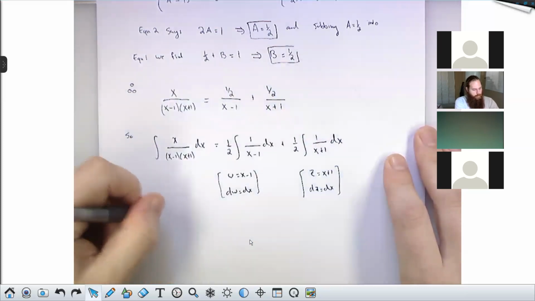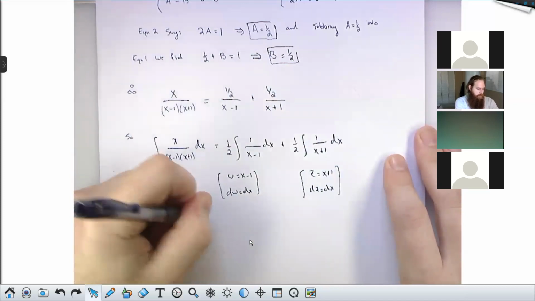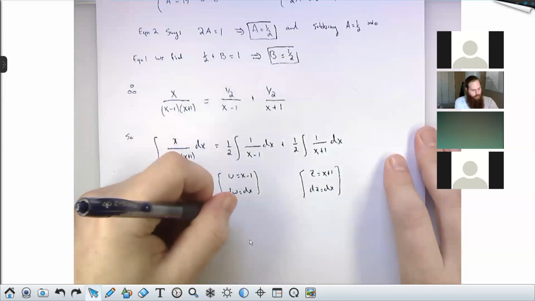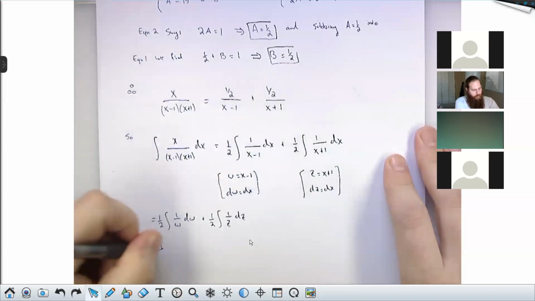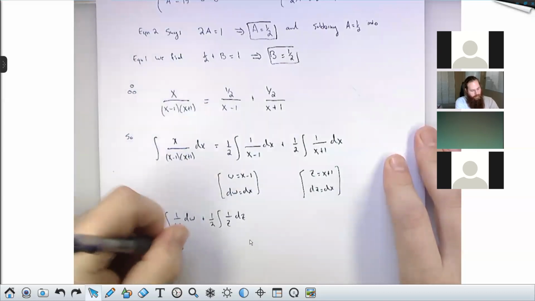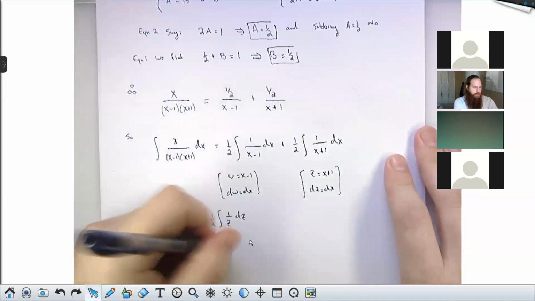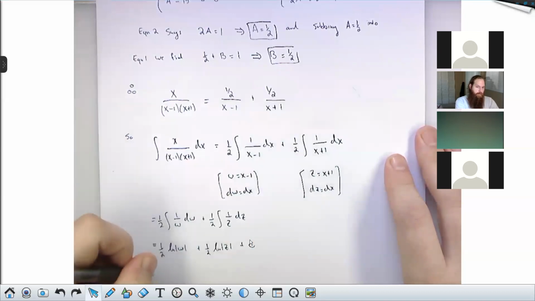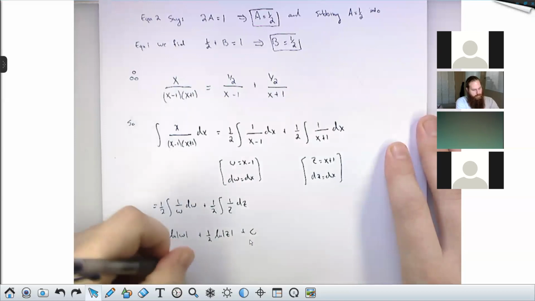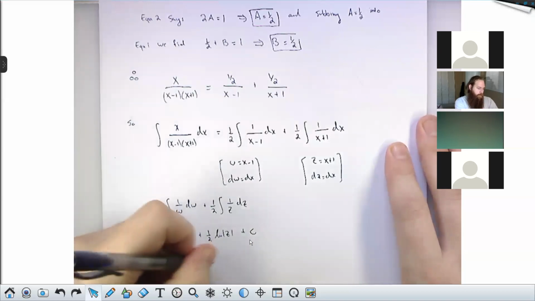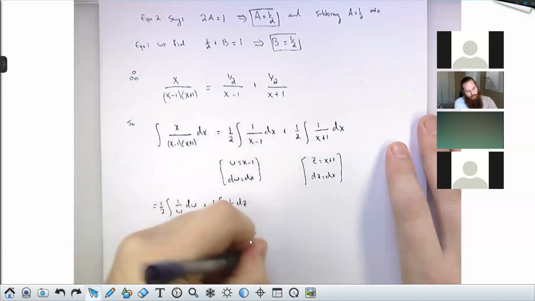And you get 1/2 integral 1 over w dw plus 1/2 integral 1 over z dz, which is 1/2 natural log w plus 1/2 natural log z plus a constant, which is 1/2 natural log of x minus 1 plus 1/2 natural log of x plus 1 plus c.